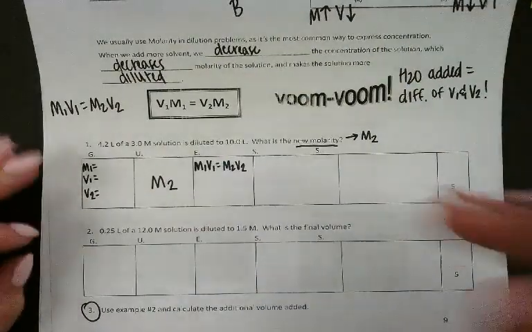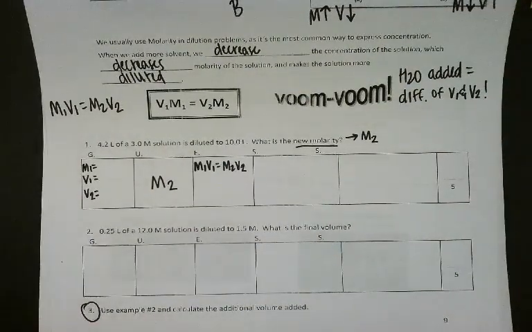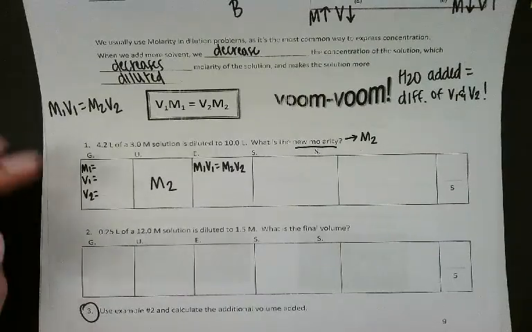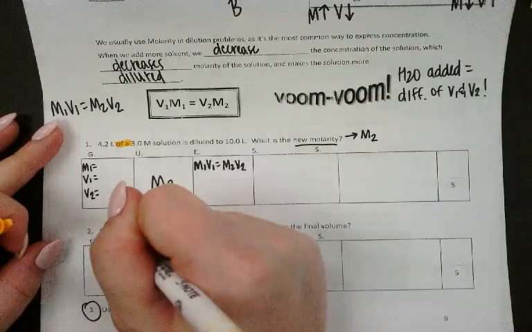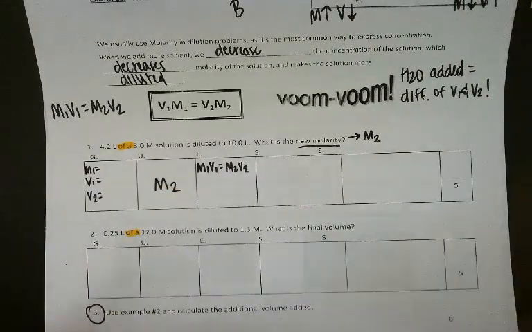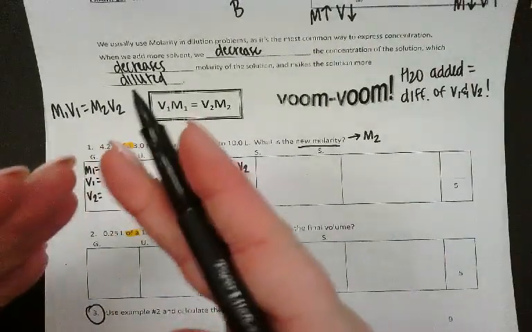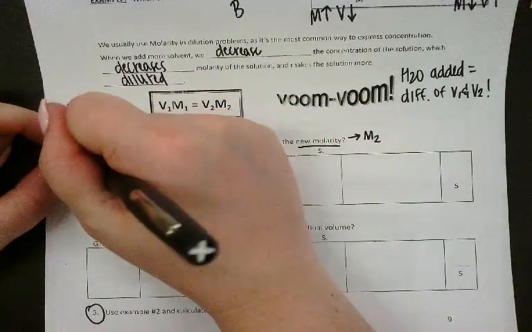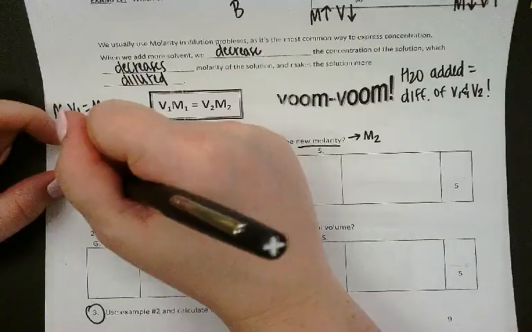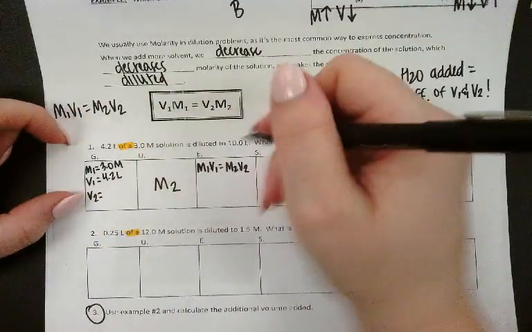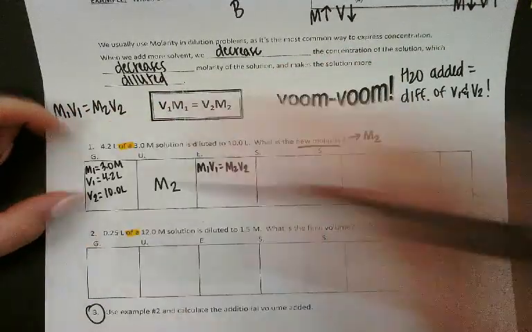So now you have to figure out what is what. Now, a helpful way is when you see 2 numbers and an "of" sandwiched in between, that is saying that those 2 are together. So my M1 is 3.0 molar, and my V1 is 4.2 liters, and then it's diluted to 10.0 liters.